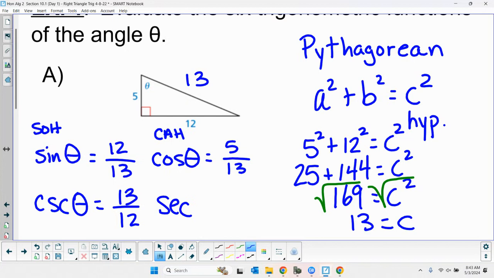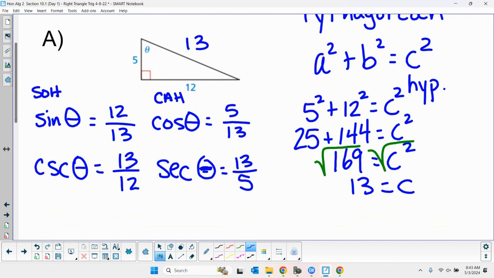Sine, cosecant. Cosine, secant. So CS, SC. Don't do SS and CC. Okay? That's what some kids do. All right. So this is, oops, theta, sorry. 13/5.